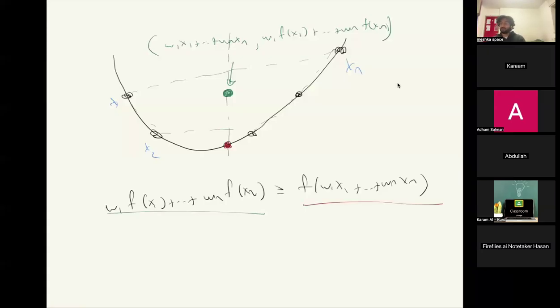Since the green lies above the red, you have Jensen's inequality. Does it make sense? Do you guys understand this argument? Basically, whatever weights we choose, the left-hand side is going to be in this convex hull.